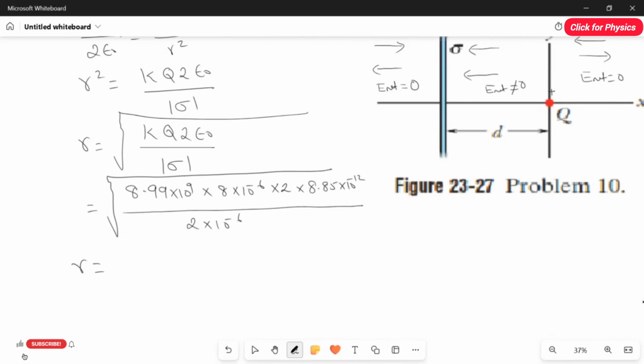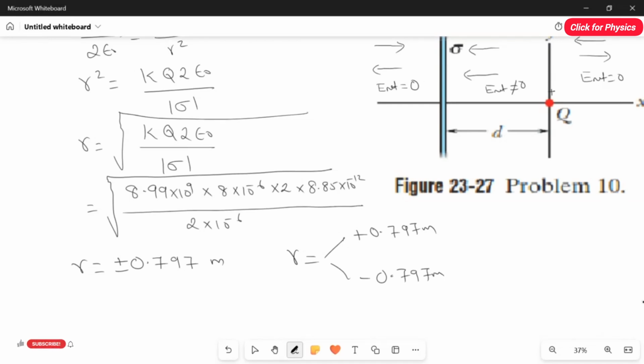I got the answer here as 0.797 meter. After you take the square root, this is positive as well as negative, plus or minus 0.797. That means R takes the value of plus 0.797 meter and minus 0.797 meter.